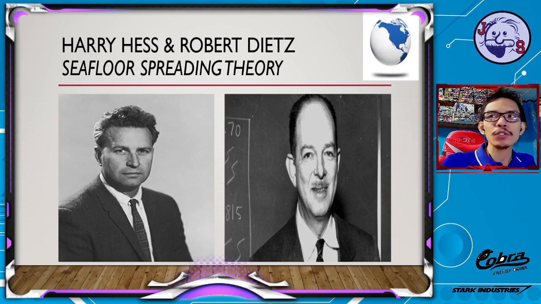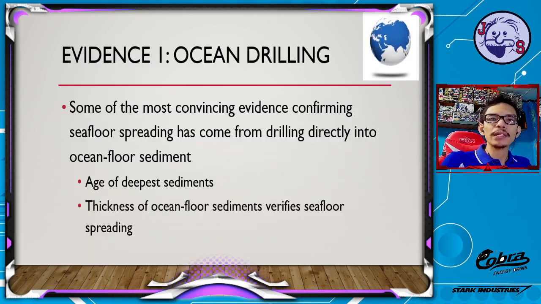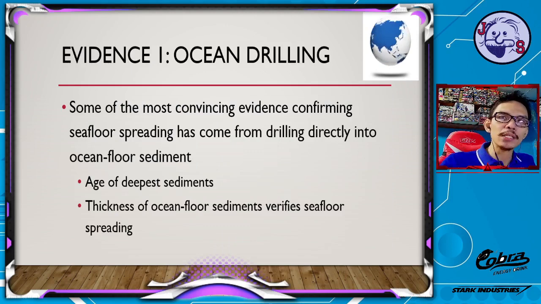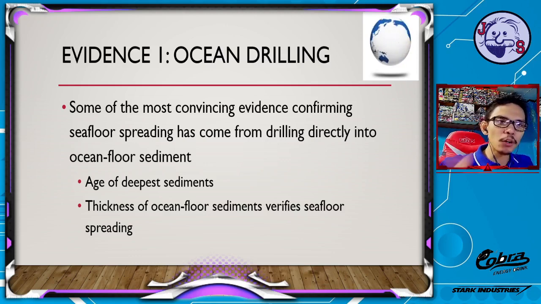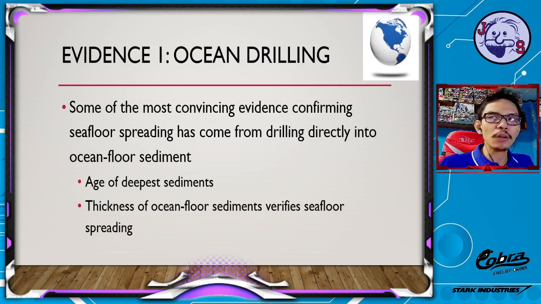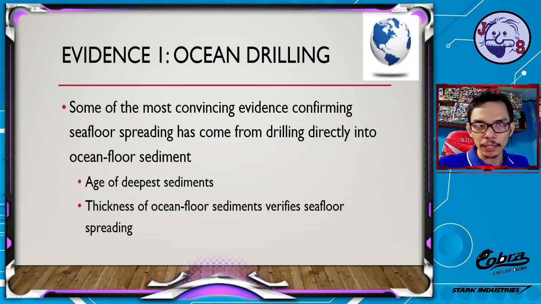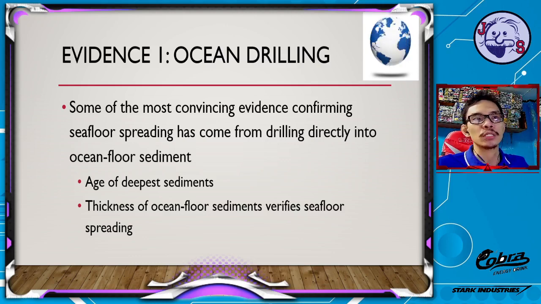Now, the seafloor spreading theory is supported by the evidence that we have right here. The first evidence is called ocean drilling. Basically, they drill the ocean and get some samples from it. This is the most convincing evidence in support of the seafloor spreading theory and also the plate tectonics theory.